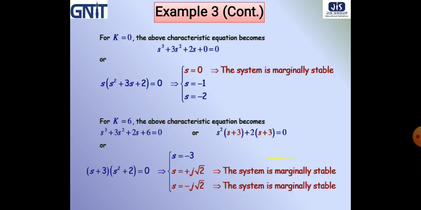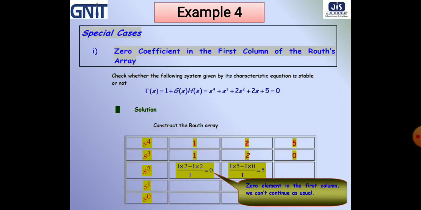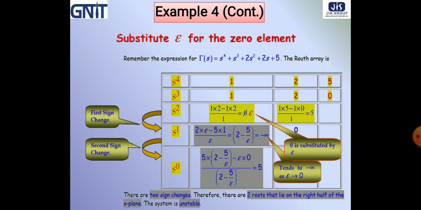And there is one special case, that is, if there is a zero coefficient in the first column of the Routh array, then what do we have to do? We have to replace that 0 with epsilon, where epsilon tends to 0. The value of epsilon is nearly equal to 0 but not 0.